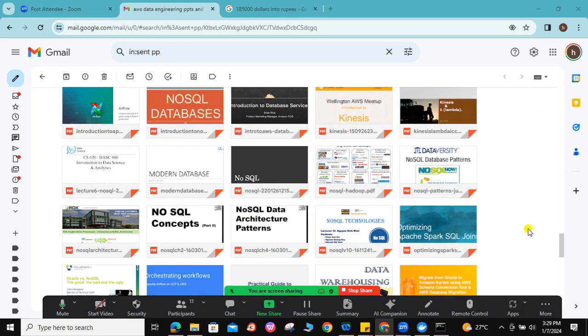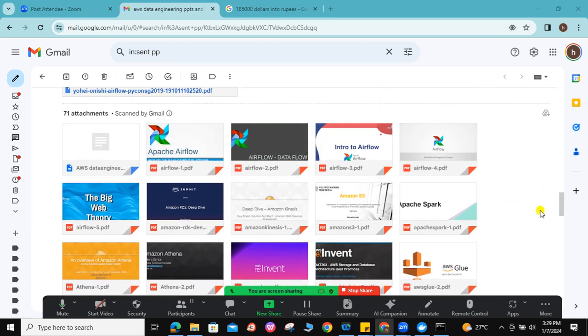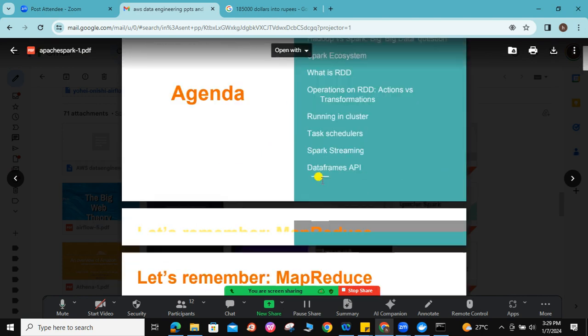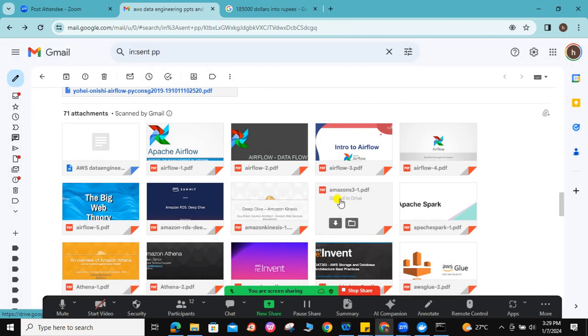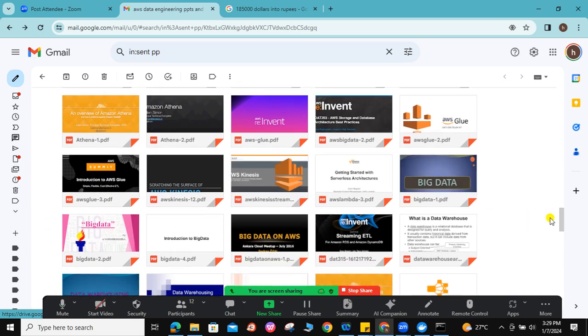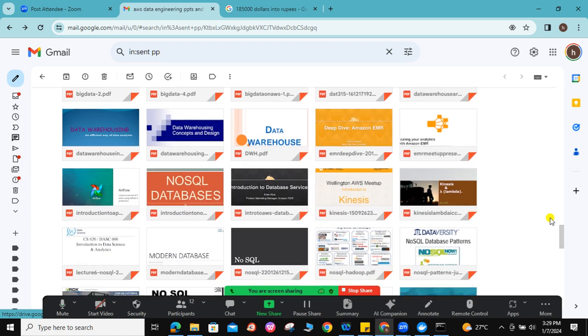But yeah, there are a lot of things. I should have done a folder. Okay, a lot of things going on. So did we cover this? Okay, this Spark, did we cover? Let me open just. Yeah, this we covered actually. So after that, what was the next? Spark, data warehouse we have covered.